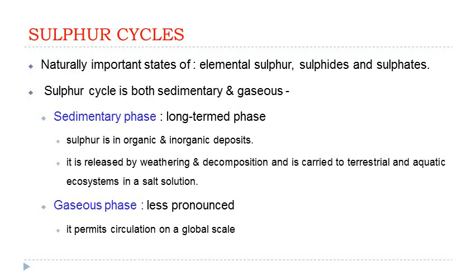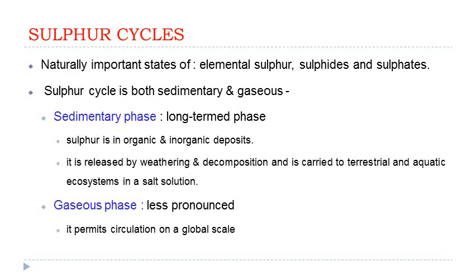I hope it is clear. In the sulfur cycle, the sedimentary phase is a long-term phase. That is, when you go through the sulfur cycle, you can see that along a major portion of the cycle, sulfur exists in sedimentary form, while the gaseous phase is less pronounced, not so distinct.